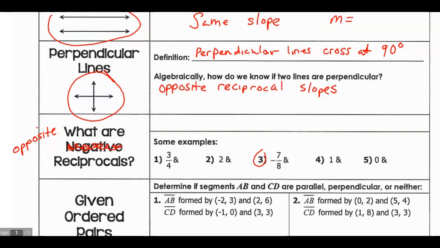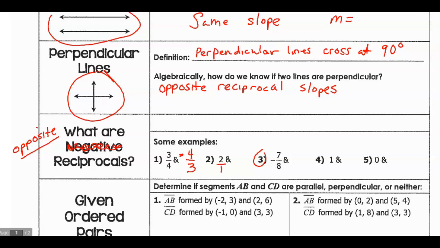So our first one here, you're just going to take the fraction and flip it. That's the reciprocal part. Reciprocals, if we think back to middle school, are two things that multiply to get to 1. But now we also need to add the opposite part, so one's positive and the other is negative.